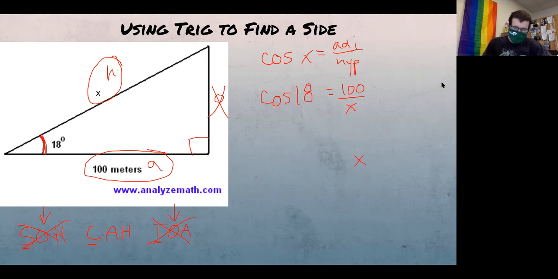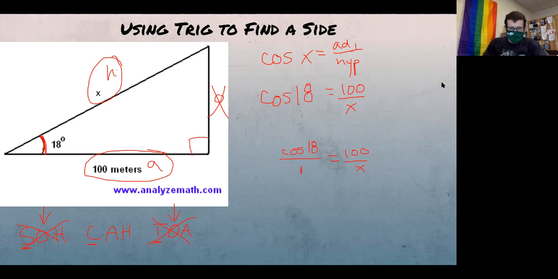And this might or might not help you, but right now it's a little bit weird the way it's written, so maybe we can make this make a little bit more sense. I'm going to rewrite this as a proportion. Cosine of 18 over 1 equals 100 over x. What I'm saying is that because I have a right triangle with an 18-degree reference angle, I am going to have proportional sides.